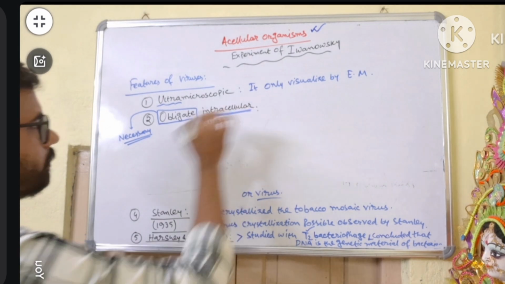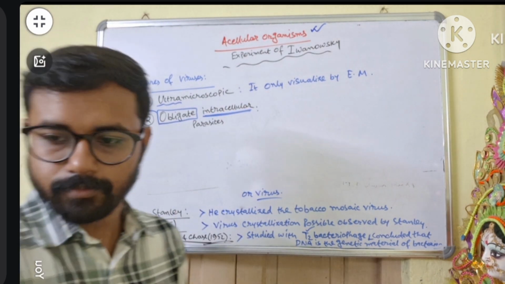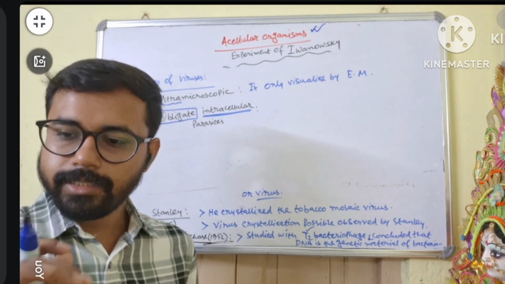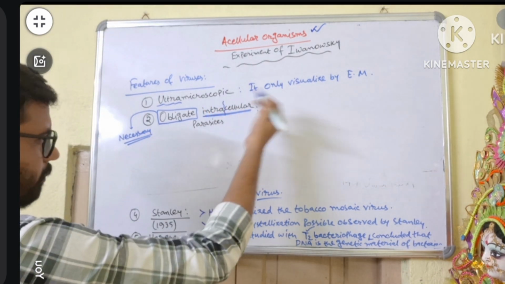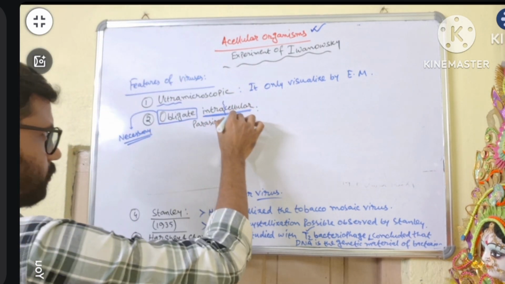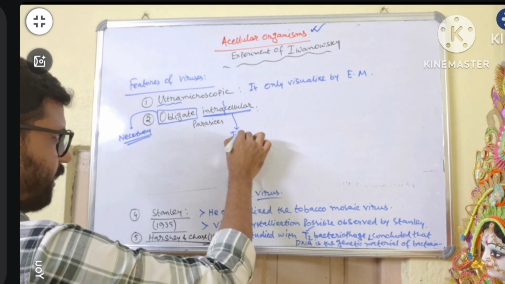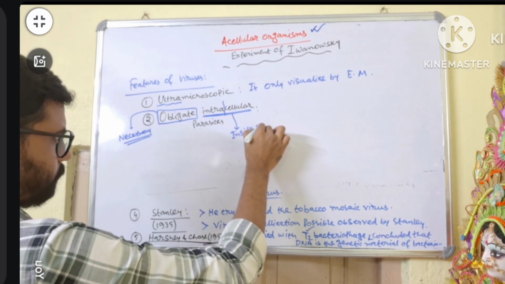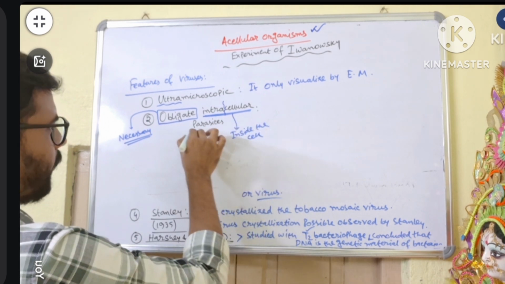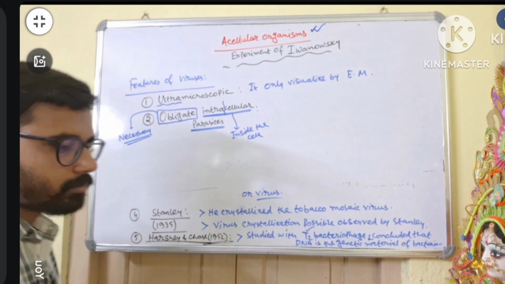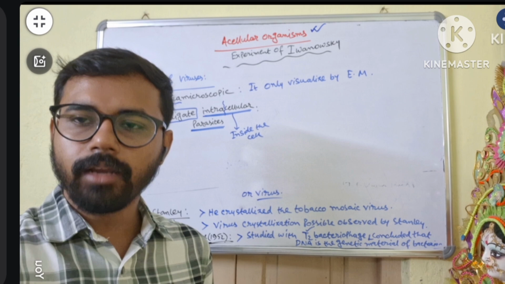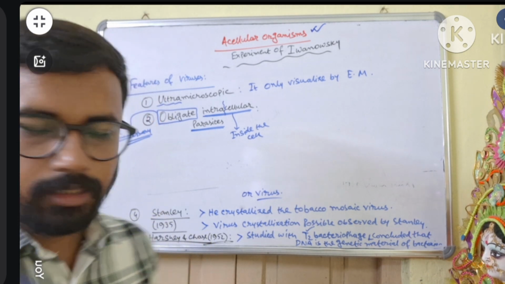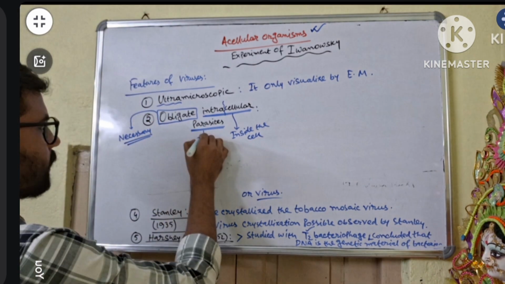Intracellular means inside the cell. Cellular means cells, intra means inside. So they should be present inside the cell. And parasite means they take all the metabolism and nutrient related work from the host. That is why it is called a parasite.